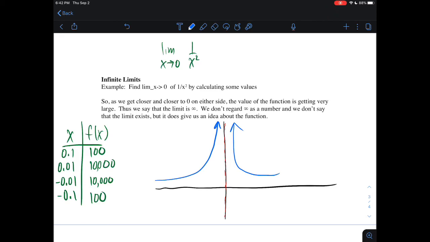So in this sense, we would say that the limit as x approaches 0 of 1 over x squared is infinity. But infinity is not a real number, because we can't actually define what infinity is. So we would say that the limit does not exist.